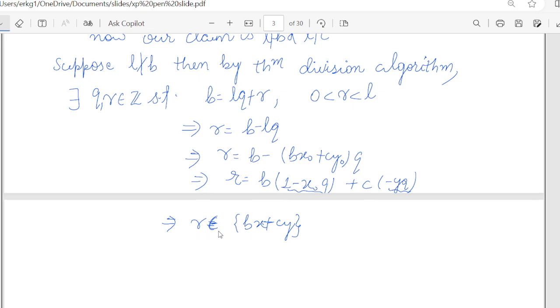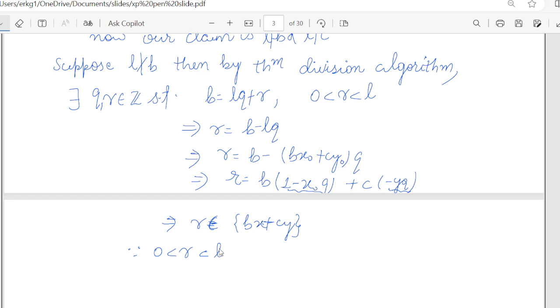This implies R belongs to these sets Bx plus Cy. Since by the division algorithm we take the above condition, 0 is less than R is less than L, both R and L belong to these sets Bx plus Cy.